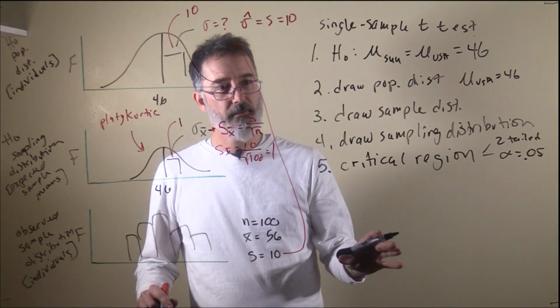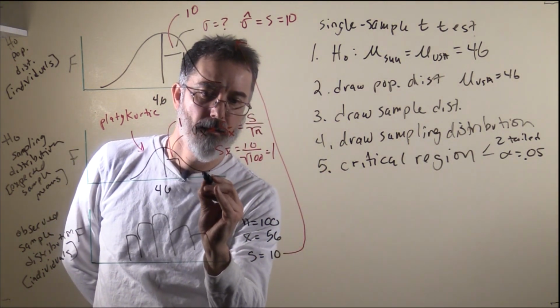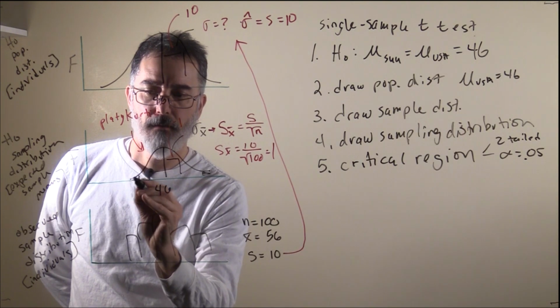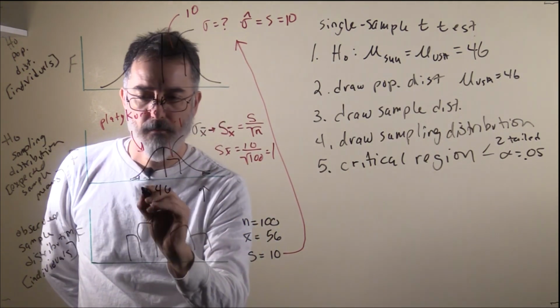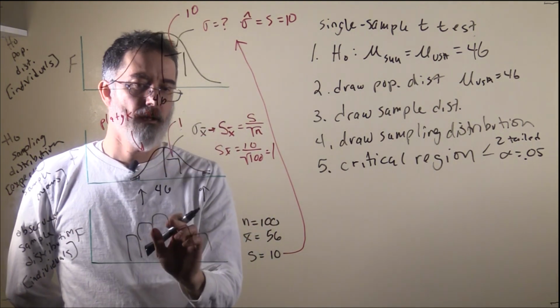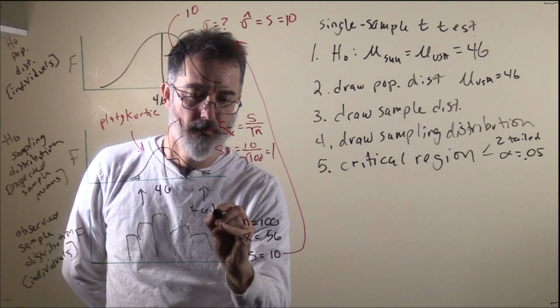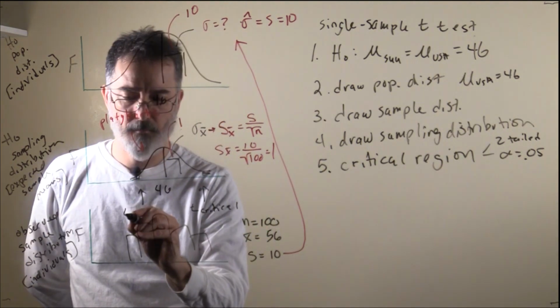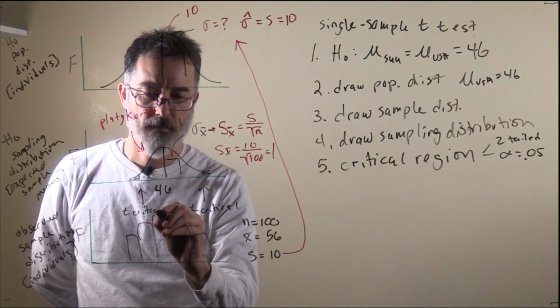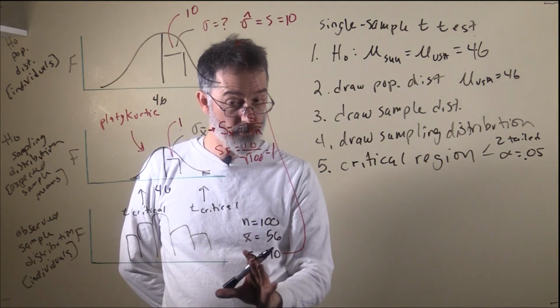So now we've got to figure out what our t-critical values are. Those are going to be the number of standard deviations over on a t distribution. So we'll have one above and one below.